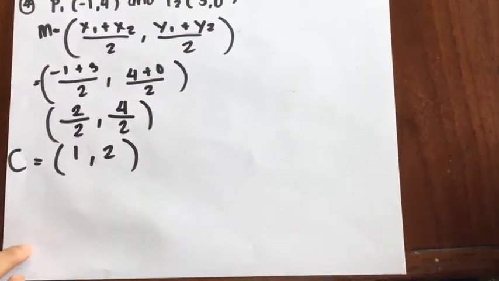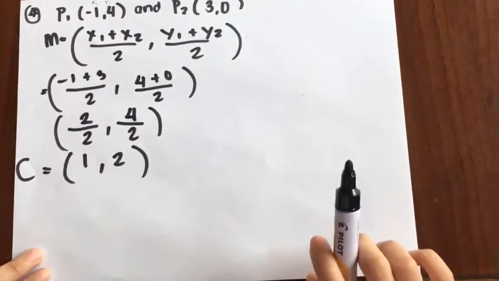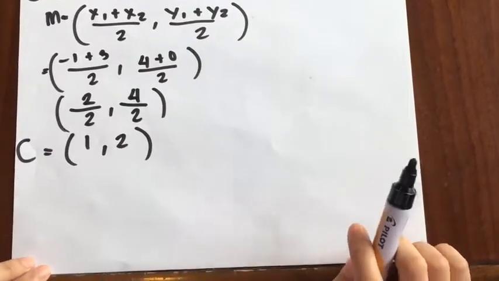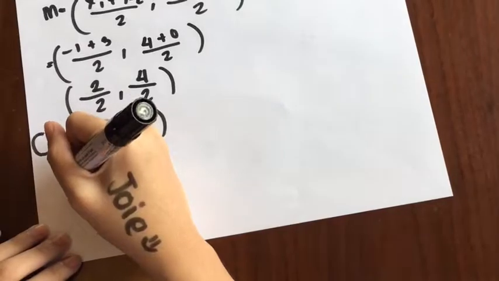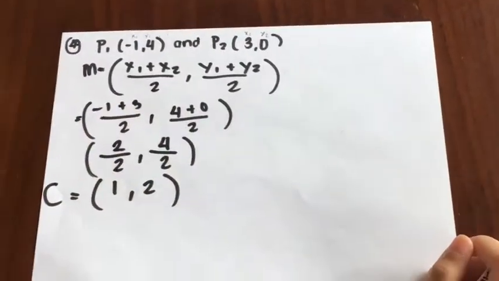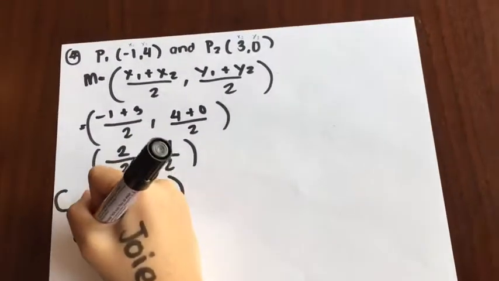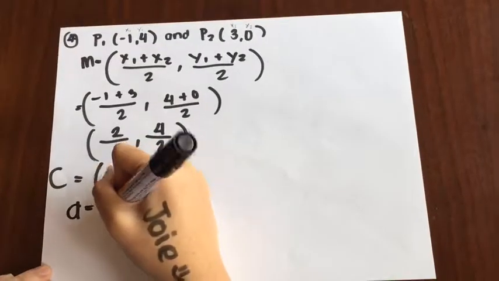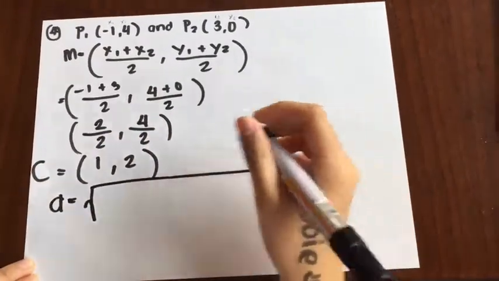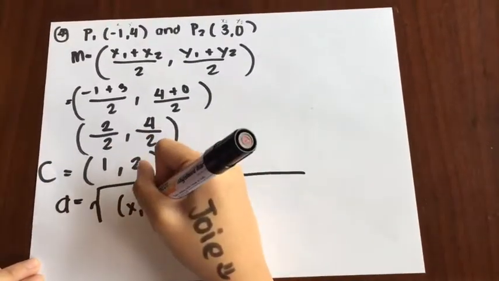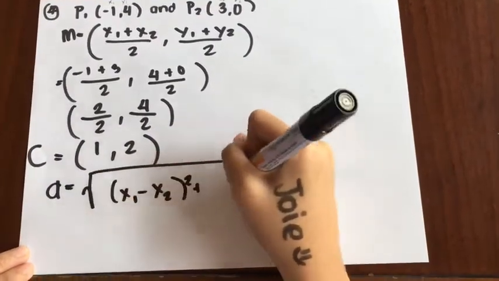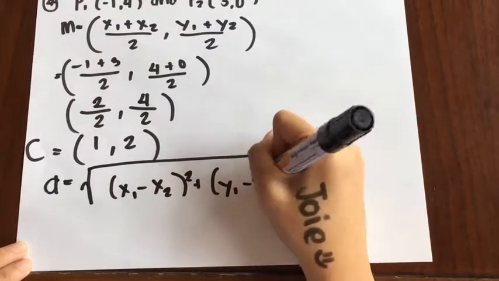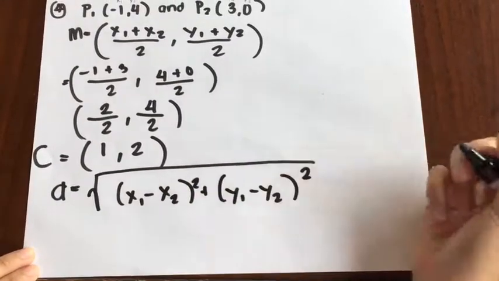Ngayong meron na tayong center, gagamitin natin yung distance formula para mahanap yung radius. Ang distance formula natin ay d is equals to square root of x sub 1 minus x sub 2 quantity squared plus y sub 1 minus y sub 2 quantity squared.